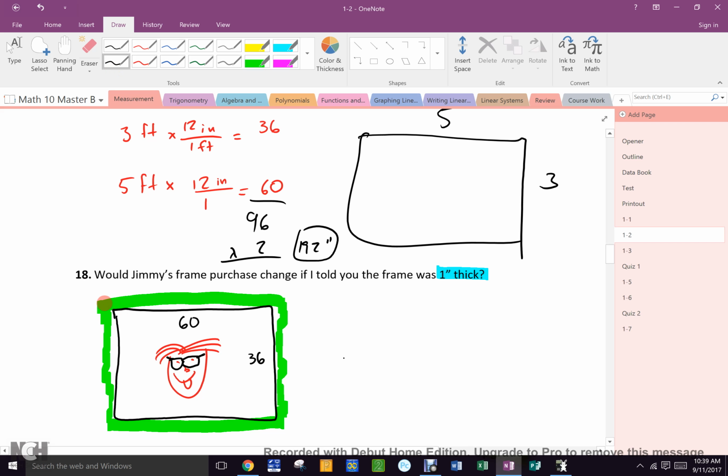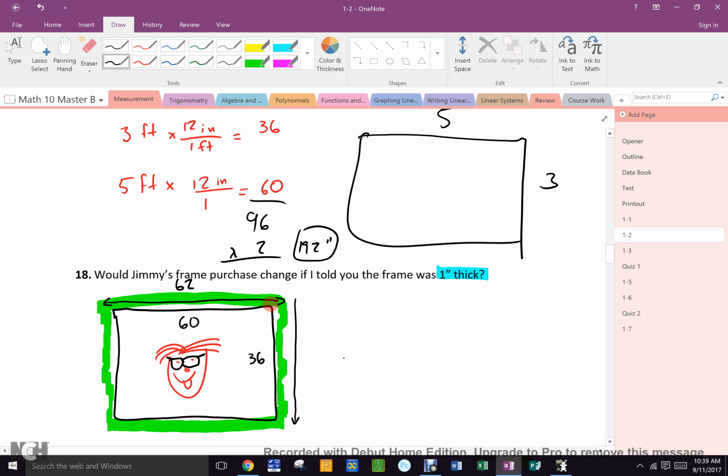So now, how long is this? An inch longer? 2 inches longer. So that's 62 now, isn't it? Right? How long's this? 1 inch longer. Why is it only 1 inch longer? Because he accounted for the extra on top where he did 60.